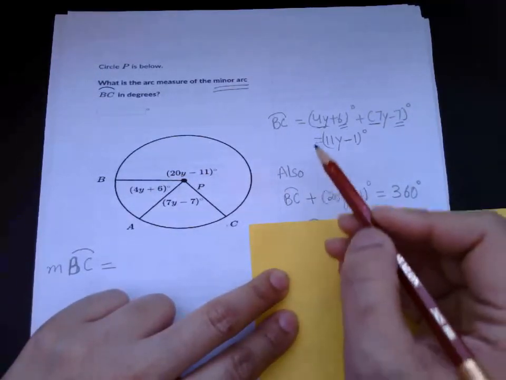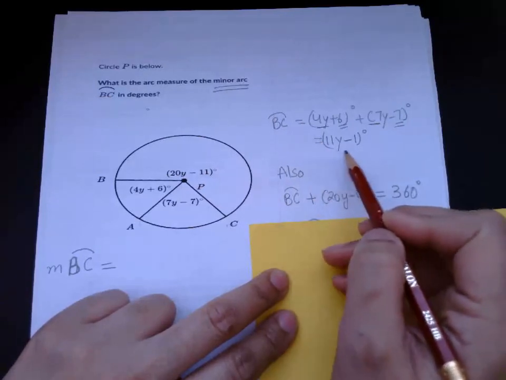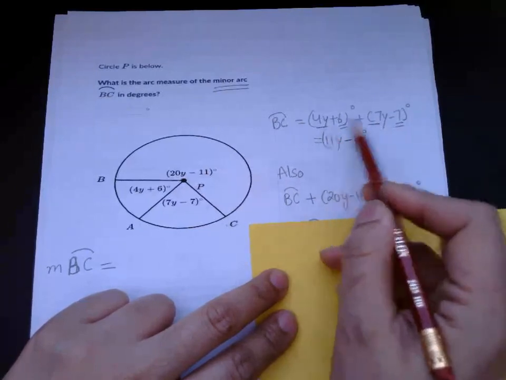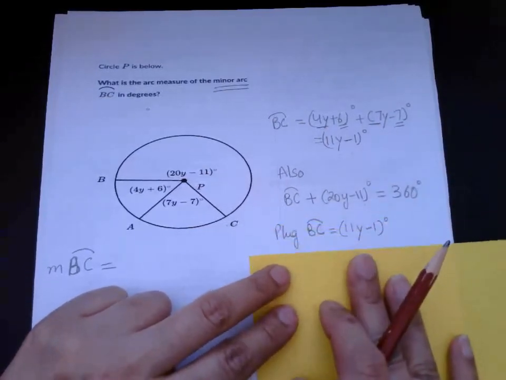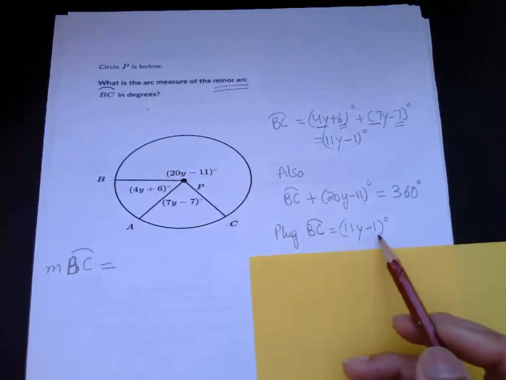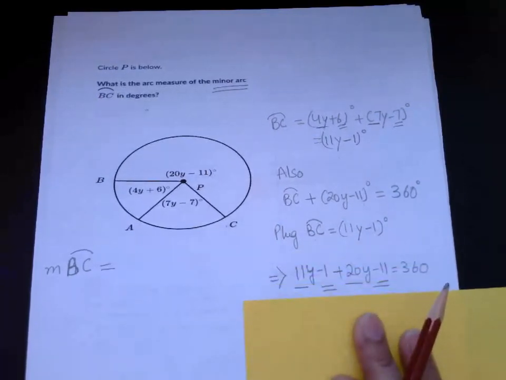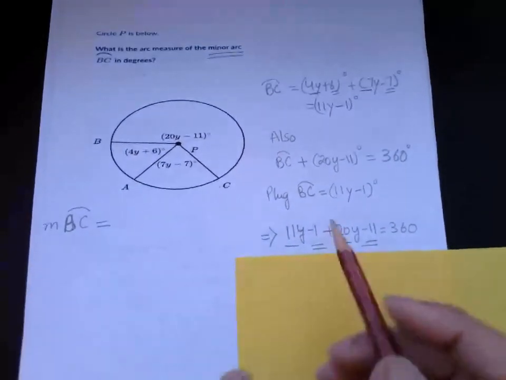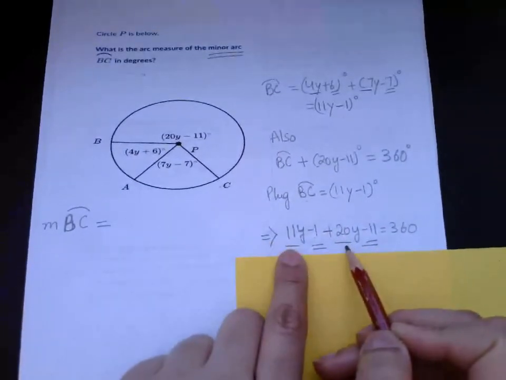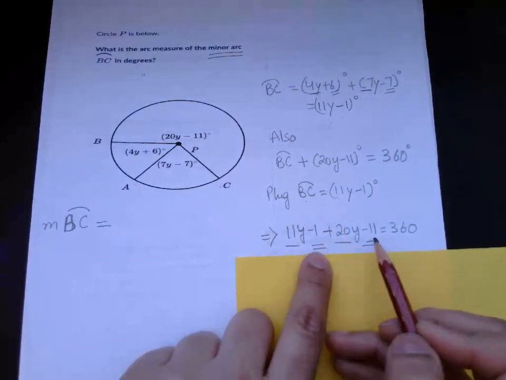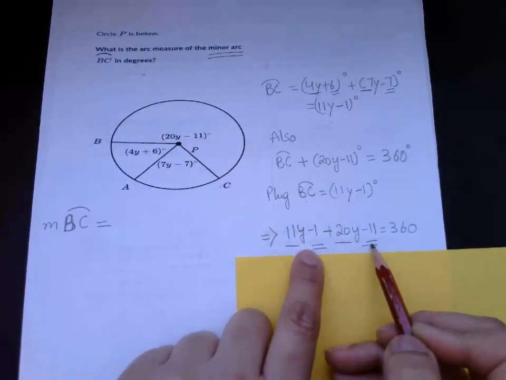If I plug in BC, the value of BC is nothing but 11y minus 1 degree. Why? Because we added these two. So I plugged in arc BC as 11y minus 1. When I plugged it into the equation, I got this equation. Now understand this. 11y and 20y are like terms. Minus y and minus 11 are like terms.